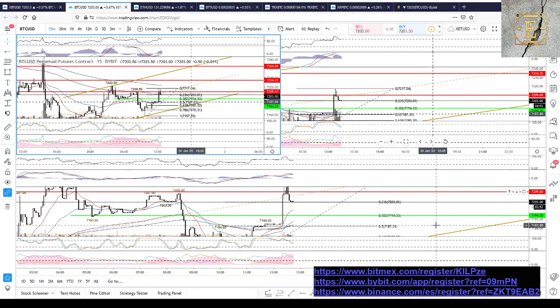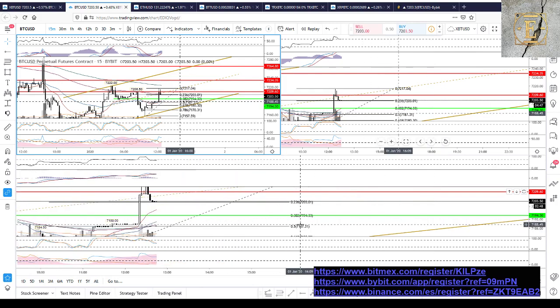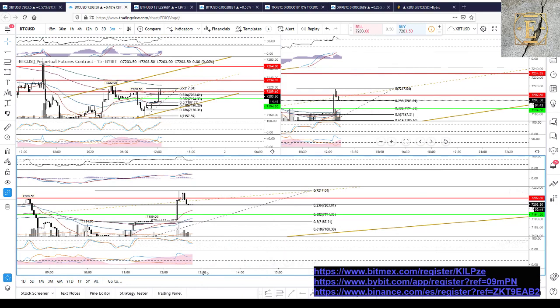This candle should be important. Come on, move, move, move.